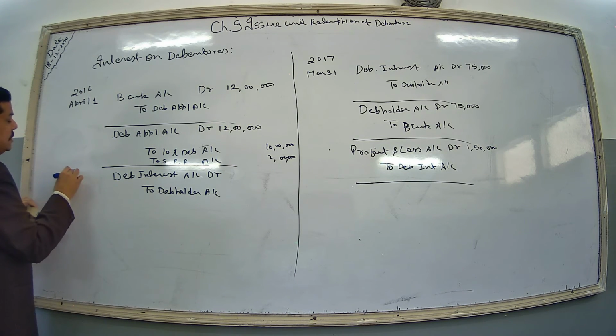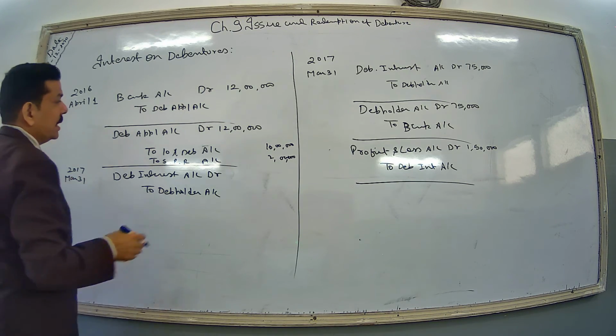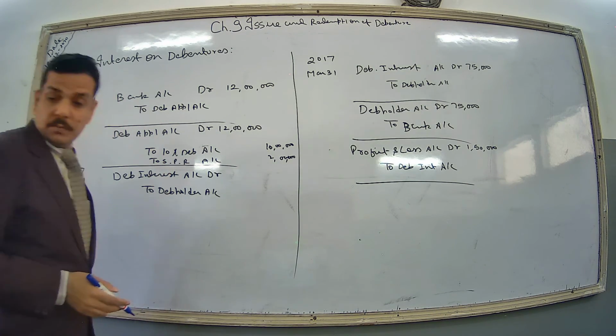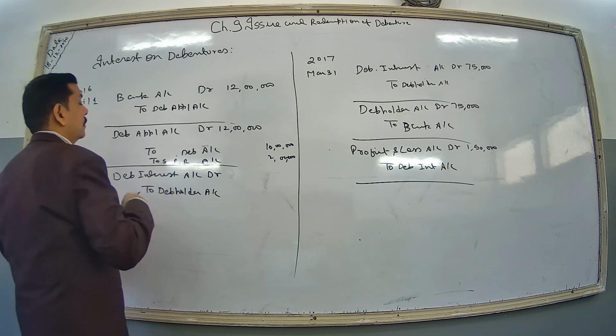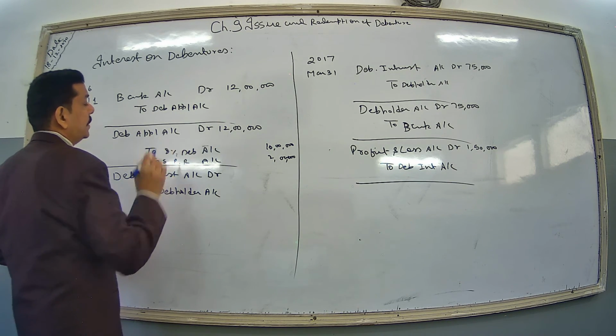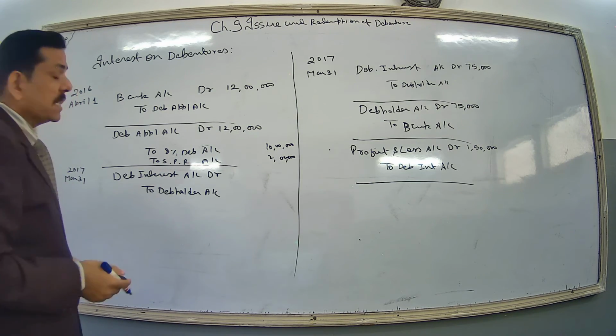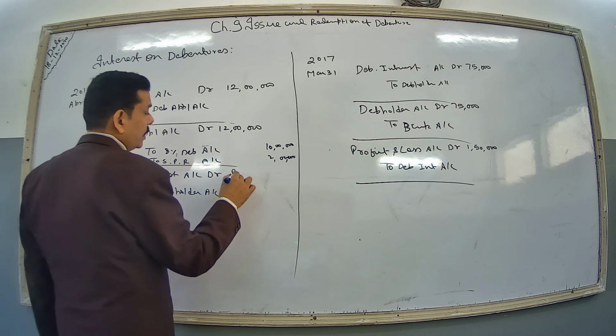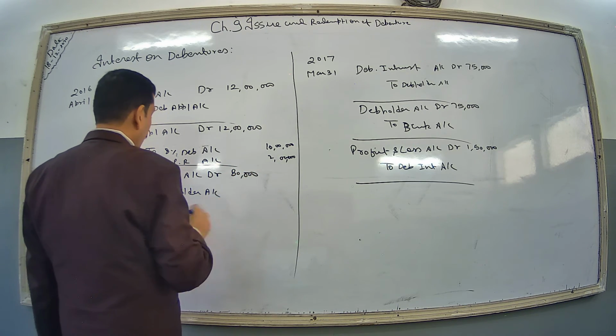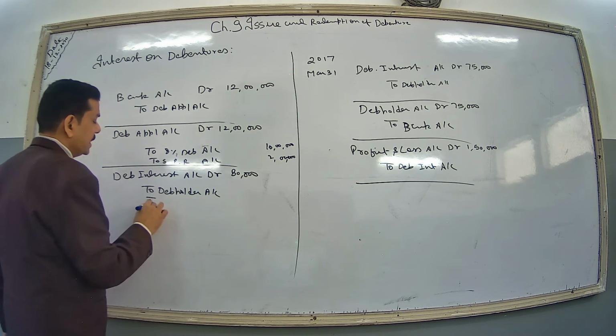So here the year will change, 2017 March 31st. So debenture interest will be, what is the percentage? 8%. So to 8% debenture. Okay. So 8% would be 80,000. So debenture interest account debit 80,000 to debenture holder and to TDS payable.